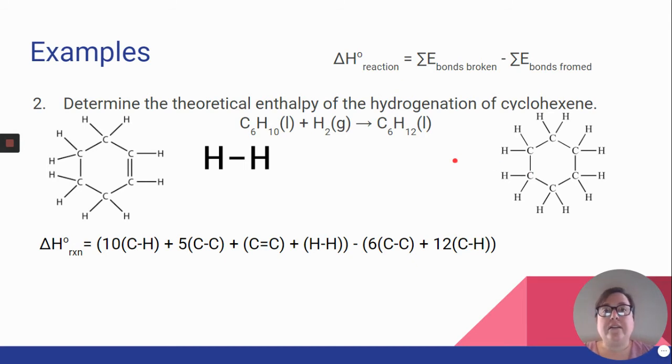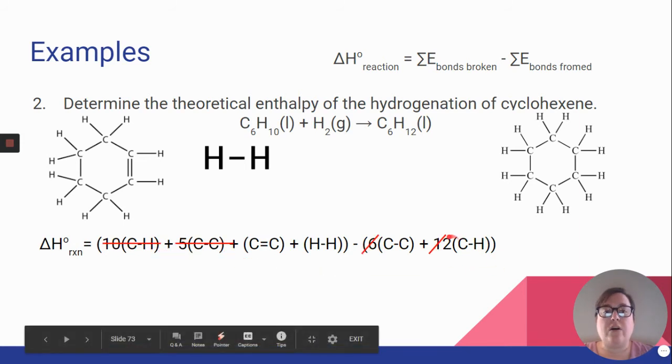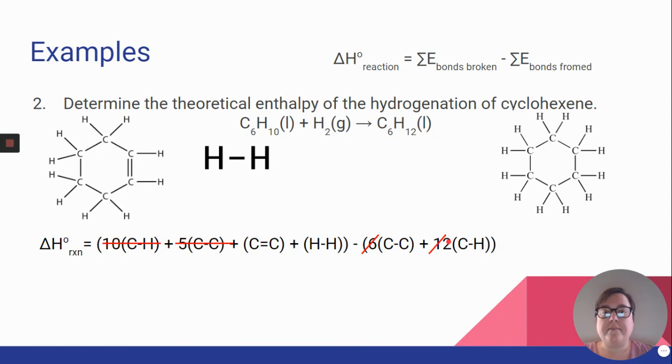Now you could look at your reference table, section 11, and you could plug in the numbers. You might also notice that you have some similarities of bonds broken and bonds formed. So we could go ahead and cancel out the redundancies here. So our 10 carbon-hydrogens are going to cancel out all but 2 of them on this side.